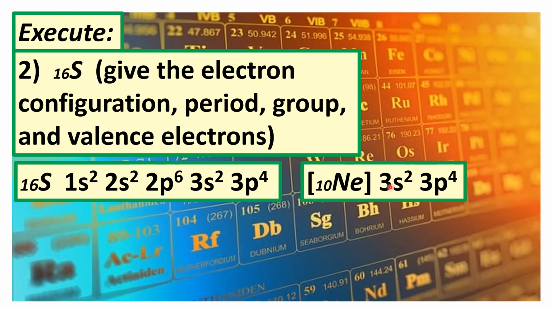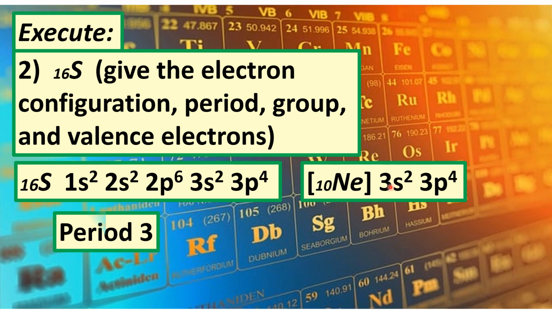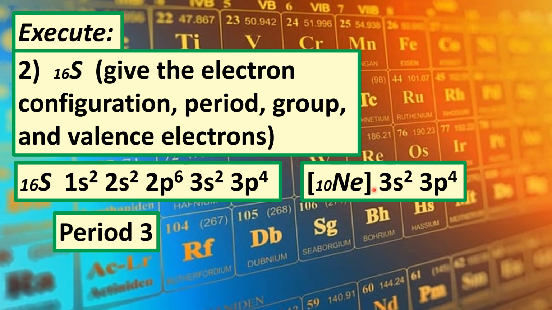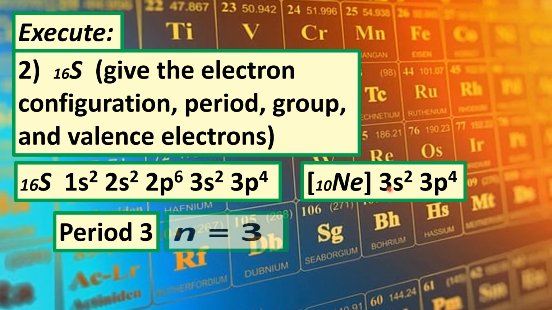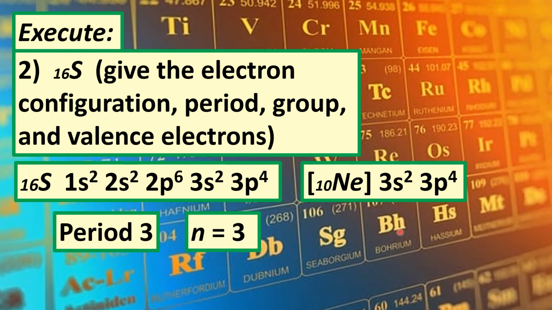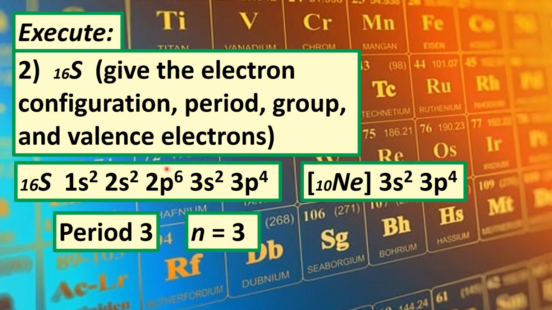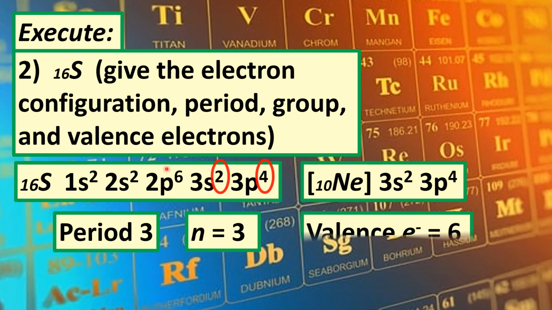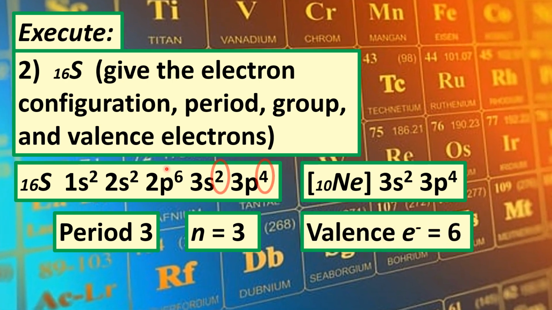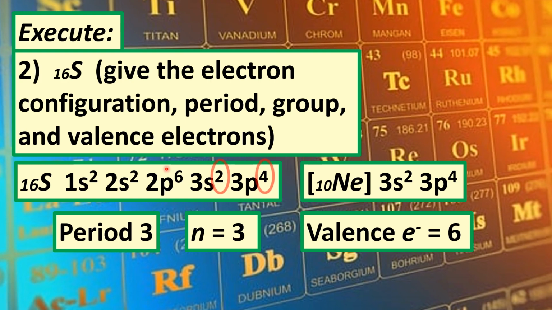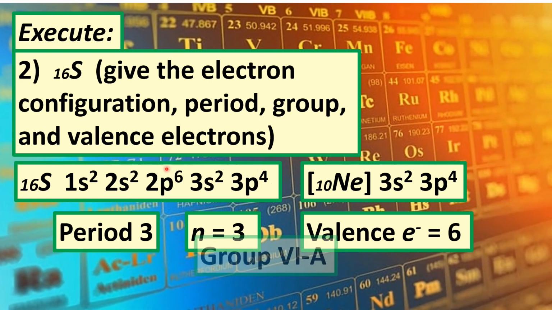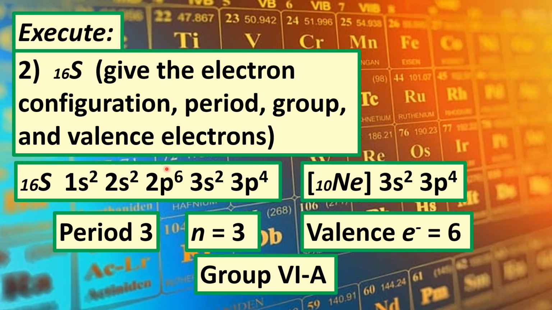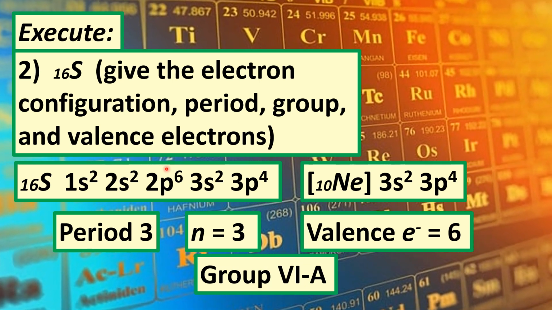So its period number is period 3 because the outermost energy level is n equals 3. And its valence electrons, of course, is 2 plus 4, so that is 6. And we say that sulfur belongs to group or family 6A.